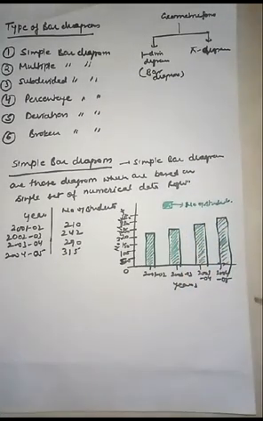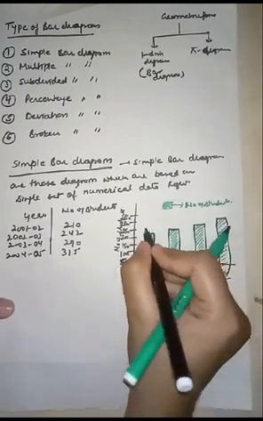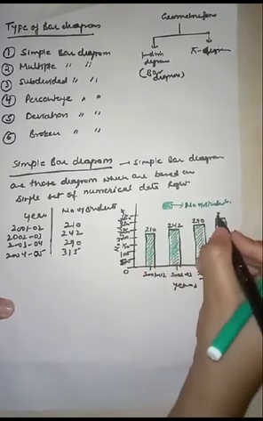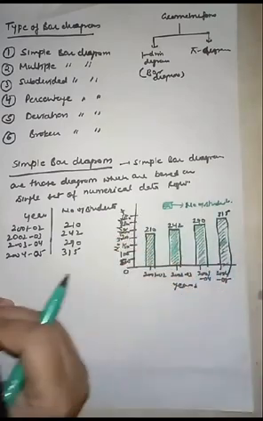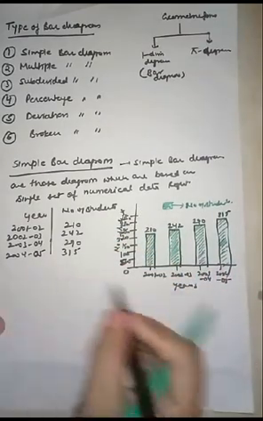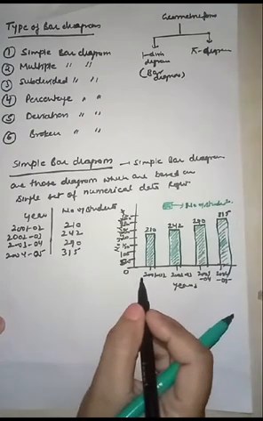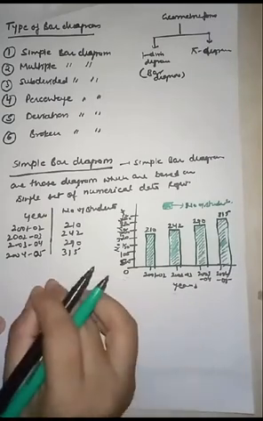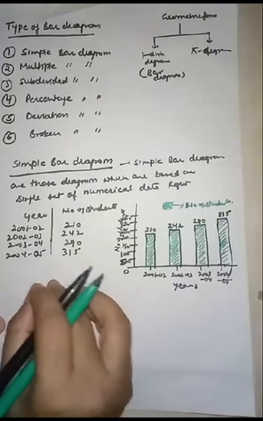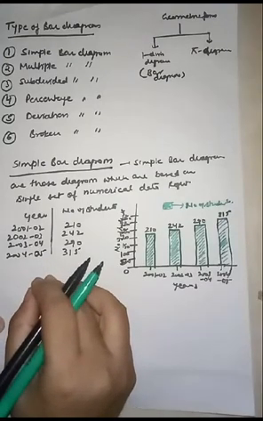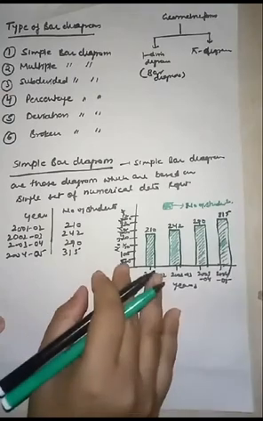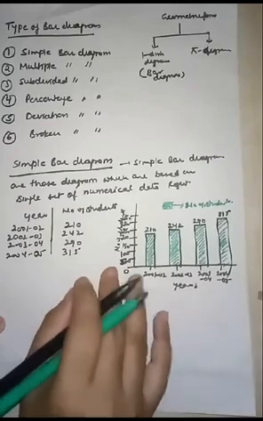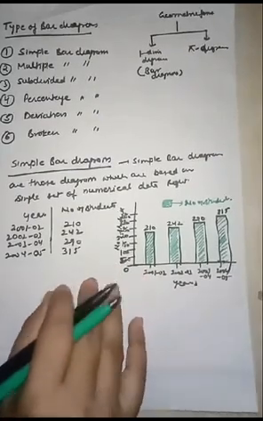Here you can also write the proper numbers: this one is 210, this one shows 242, 290, and this one is 315. Keep the width equal and the same distance between the bars. So in this way you make the bar diagram for a single set of numerical data, and these are called simple bar diagrams. This is the first one.